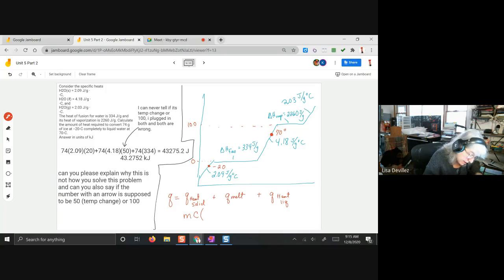All right, and then this will be 0 minus a minus 20, okay? And then plus the delta H of fusion. So that's going to be mass times 334, plus, and then I go MC, and then it's going to be 70 minus 0.